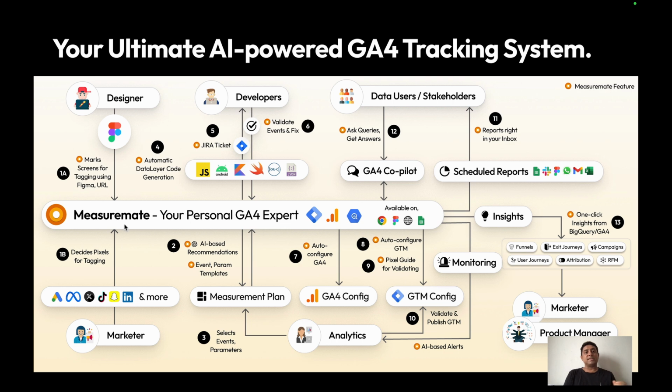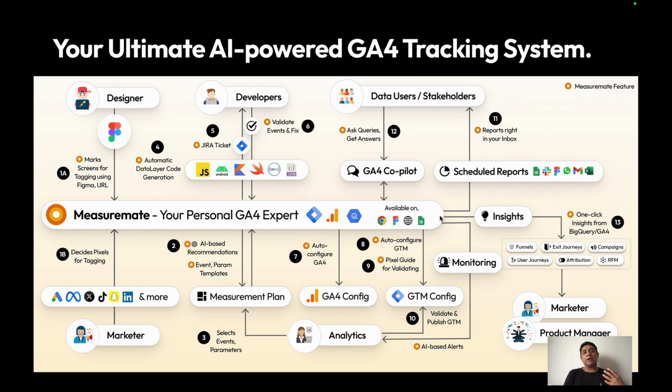And this is a diagram where we explain step by step how the requirements are gathered in the first planning phase, how they are implemented with developers, how the validations take place, how the implementation phase goes through, and then the configuration setup phase of GA4 and Google Tag Manager is taken care of, and how the reports are generated and sent to different tools via Measuremate to data stakeholders, and then how these stakeholders can also utilize Copilot to understand data tracking from GA4, right?